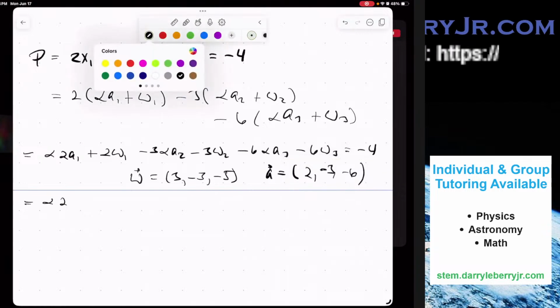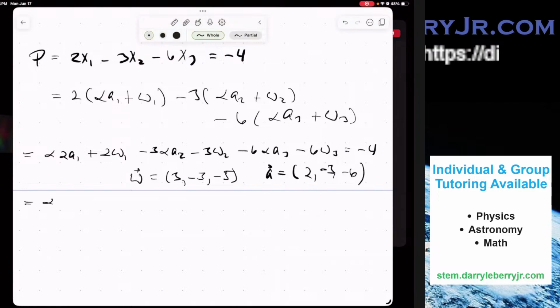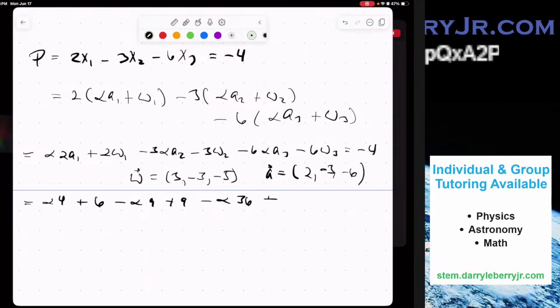So this will be alpha 4 plus 6 minus alpha 9 plus 9 minus alpha 36 plus 30 equals -4.